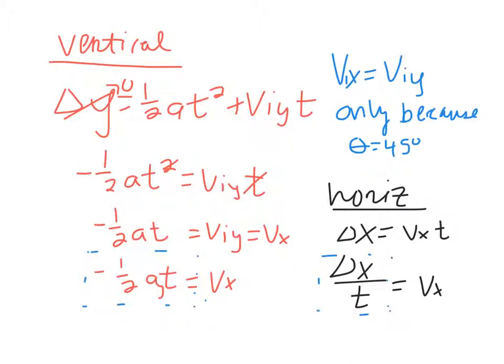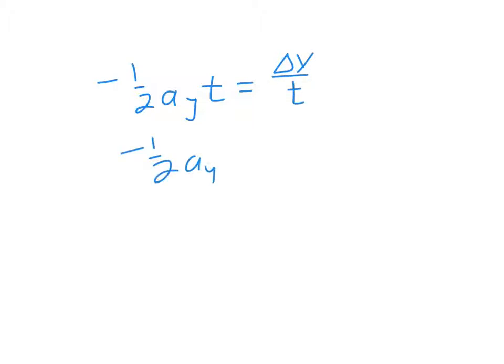I'm going to set those equal to each other. So negative 1/2 ay t equals delta x over t. Negative 1/2 ay t squared equals delta x.